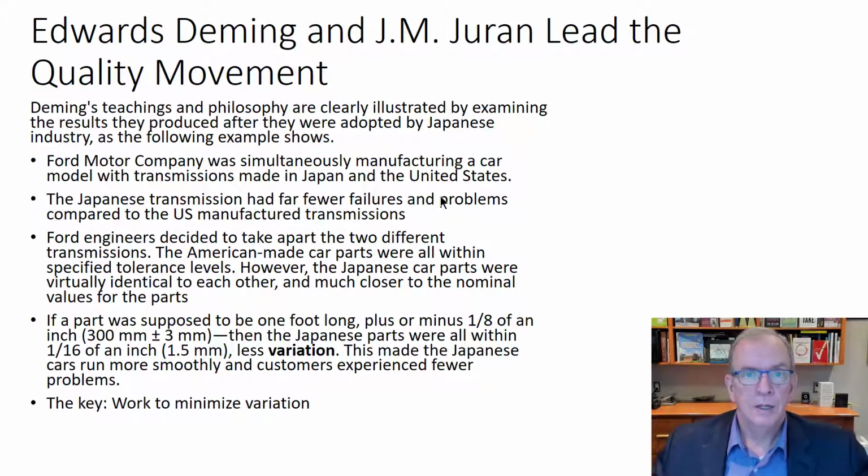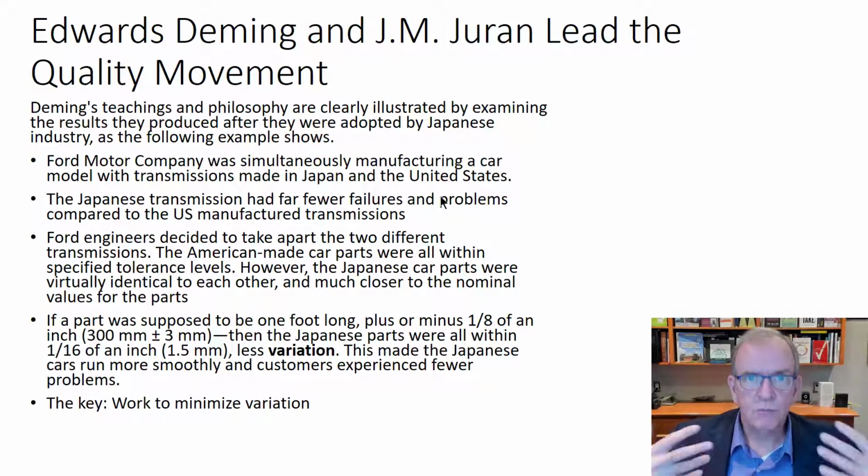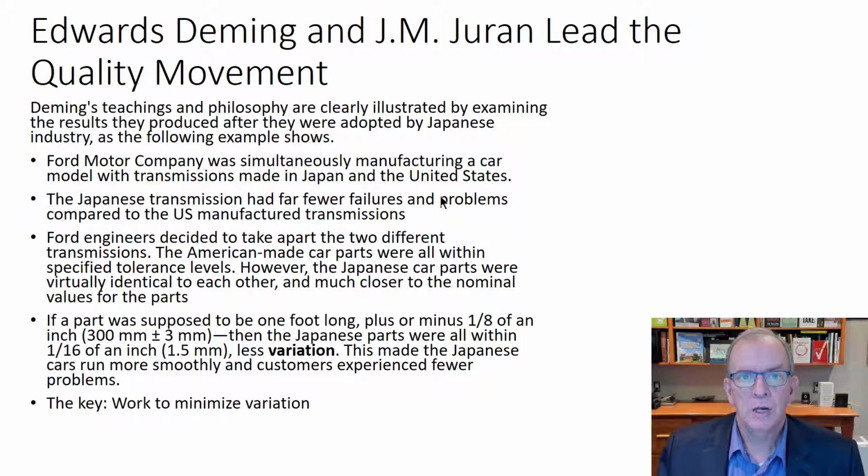By that point, the quality control system had really changed the way Japan had been doing things, and they were challenging the North American big three automotive manufacturers. Ford, at one point, bought Mazda, and had Mazda producing transmissions for them in Japan, and they were also producing them in the US.